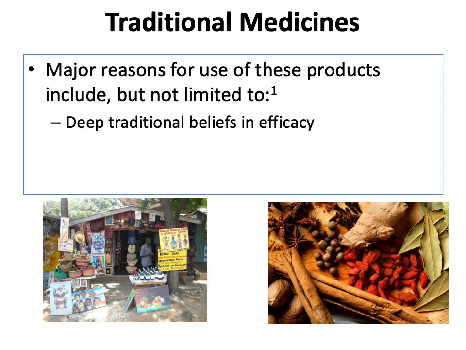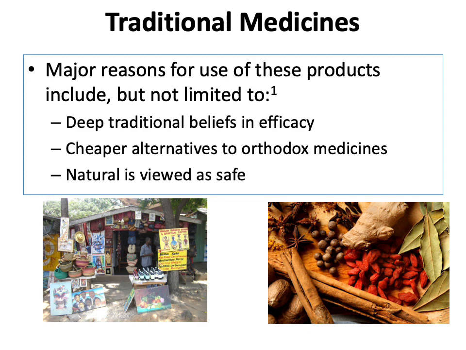So the reason why traditional medicine practice in Zimbabwe as well as other parts of Africa continues to be quite important is largely because, number one, of the deep-set traditional beliefs that we have in the efficacy of these plants and of traditional medical practice.